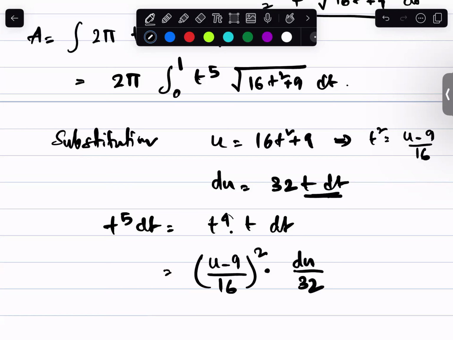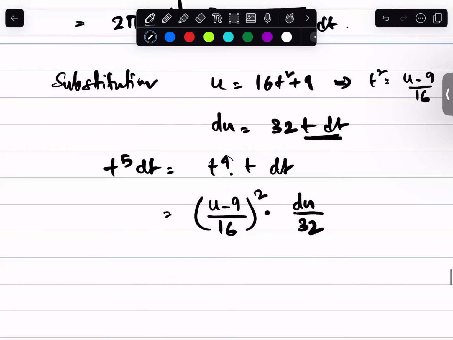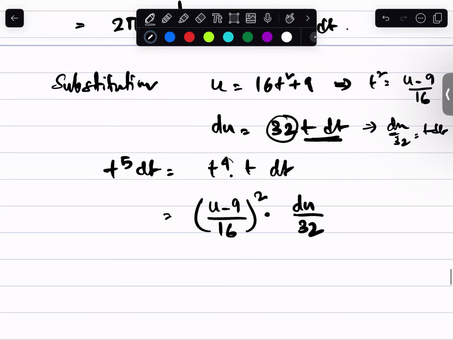Okay, if I cross multiply this 32, from this line I can say du over 32 is t dt, right? So I have used that there.